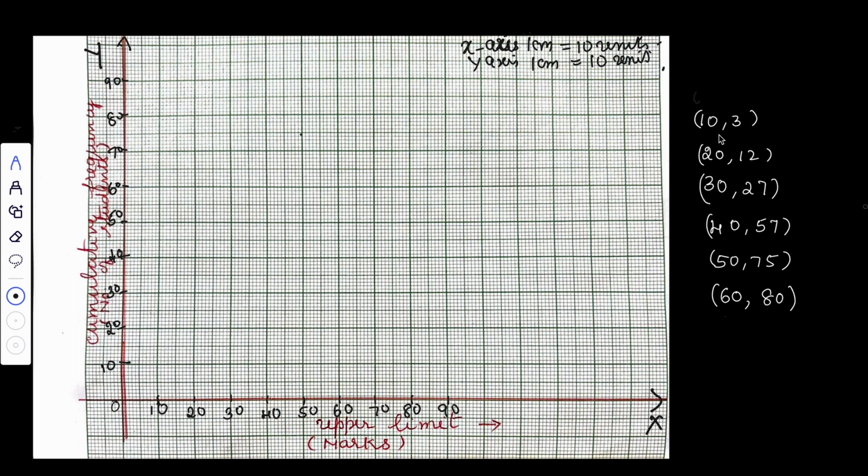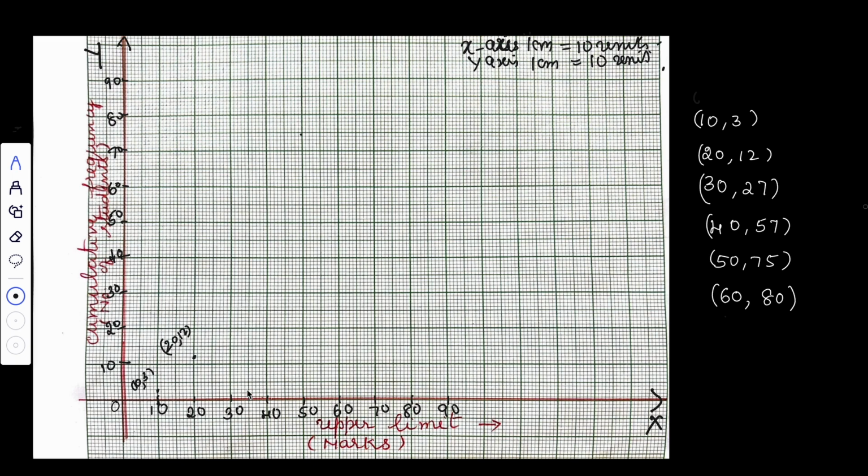Now we plot the graph: 10, 3. 10 on the x-axis, 3 is here, this is the point, 10, 3. Then 20, 12, it will come here, just 2 lines above 20.